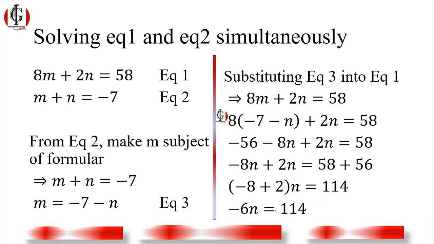So I need to divide both sides by minus 6 in order to obtain my n. Minus 6n divided by minus 6, and then 114 divided by minus 6.